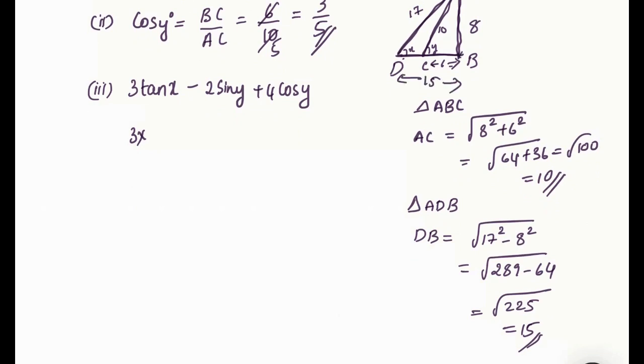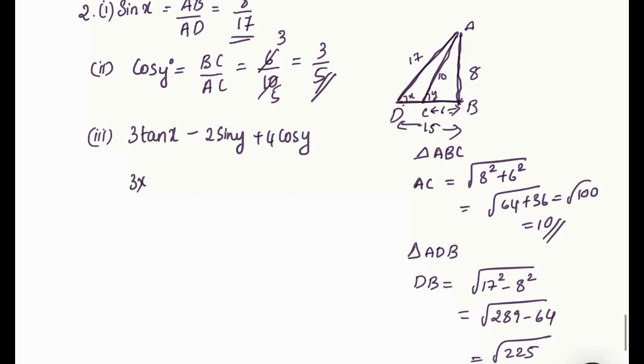So what you get, tan x is perpendicular 8 by base 15, minus 2 into sin y. Sin y is what? Perpendicular by hypotenuse. So 8 by 10 plus cos y is 4 into 6 by 10. So you can solve it according to this.